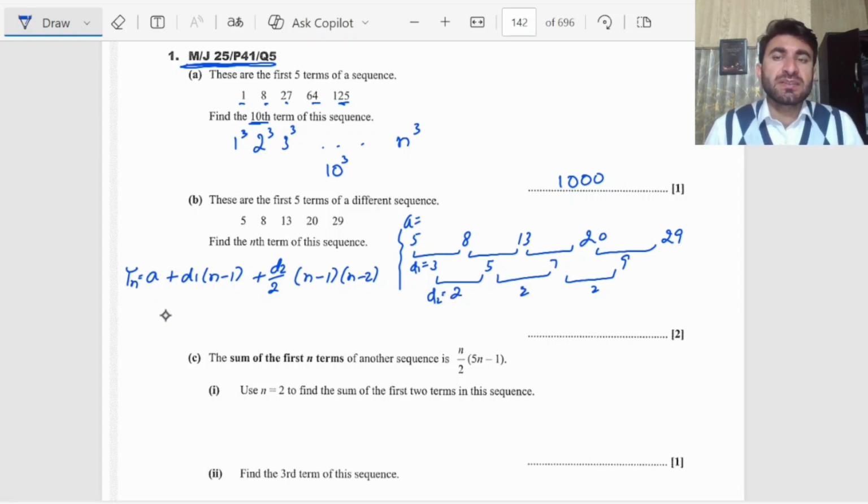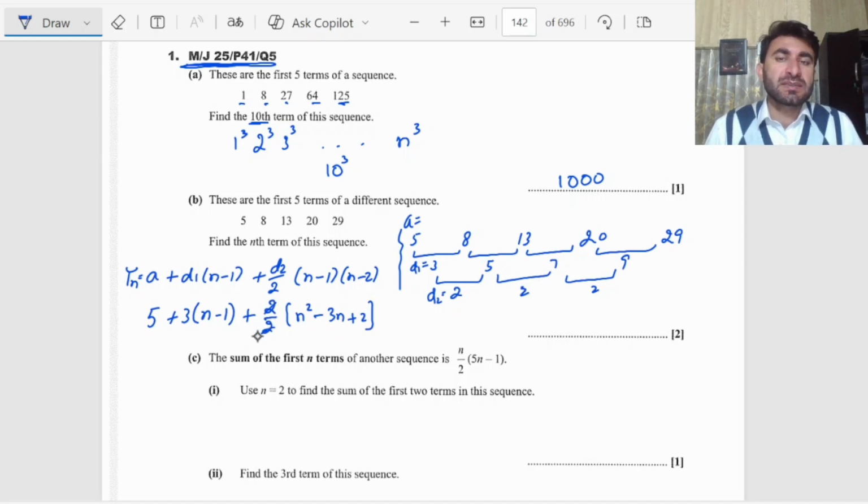So just replacing these values, it will become 5 plus 3 times (n minus 1) plus 2 divided by 2 times (n minus 1)(n minus 2), and if we multiply it out it shall become n squared minus 3n plus 2.